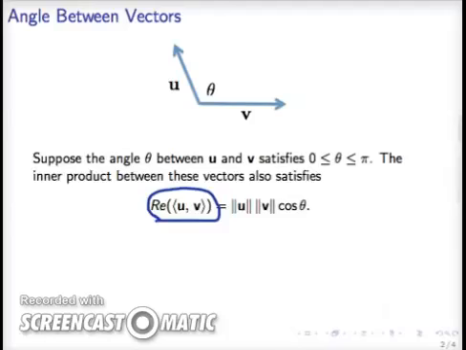The real part of the inner product between u and v is equal to the norm of u times the norm of v times the cosine of the angle in between.